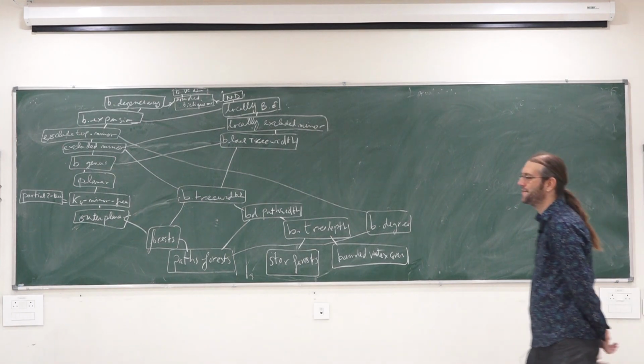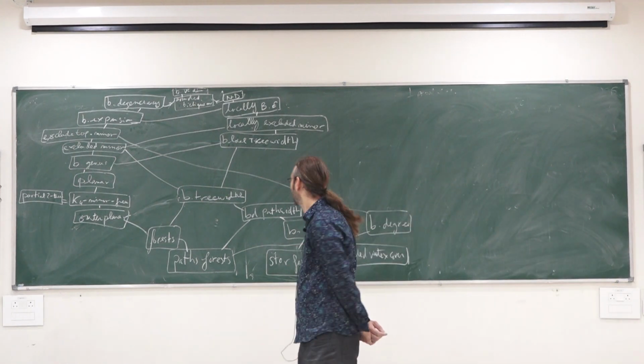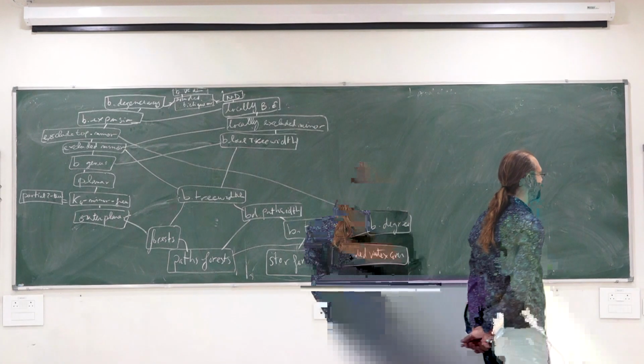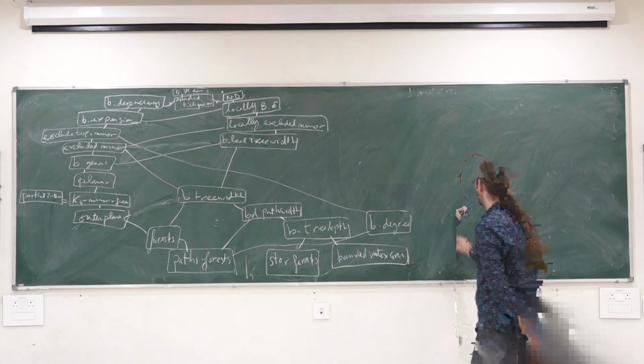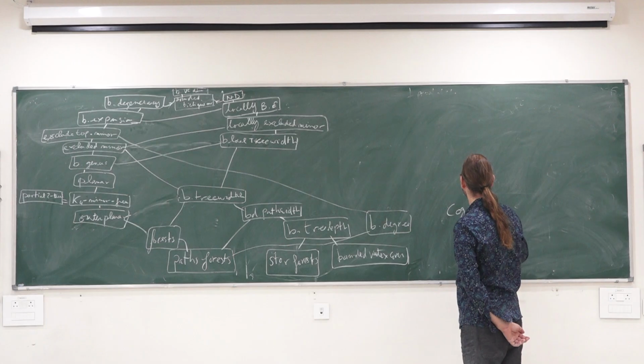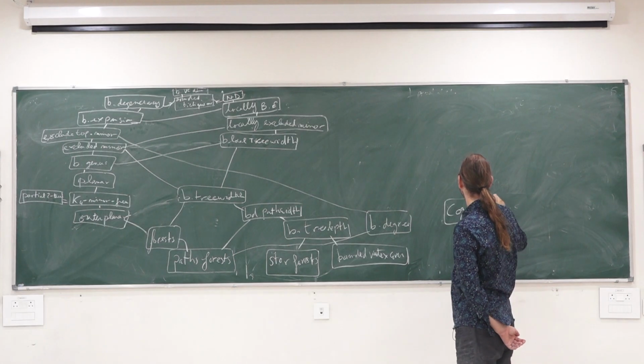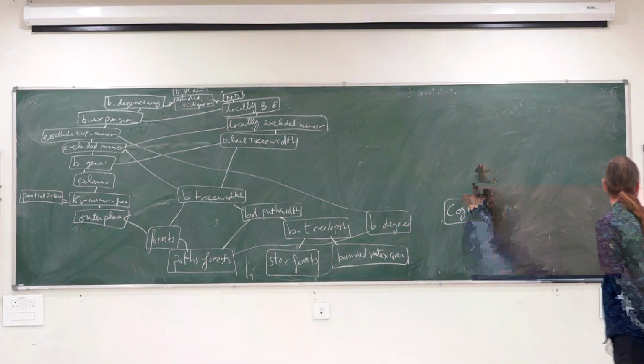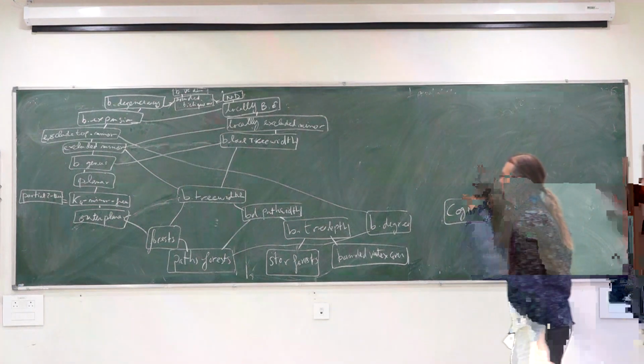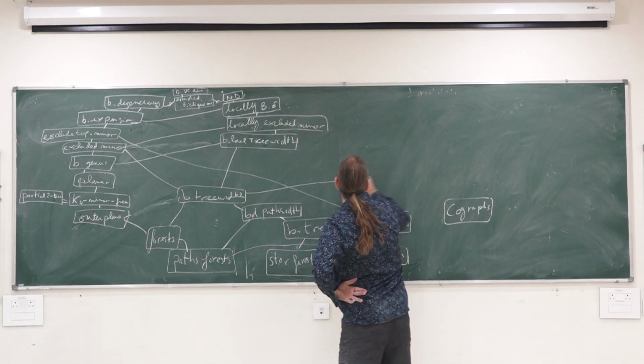You know, these things I just showed you. Then you have the dense ones. So your basic classes are cographs. For this we didn't mention it.